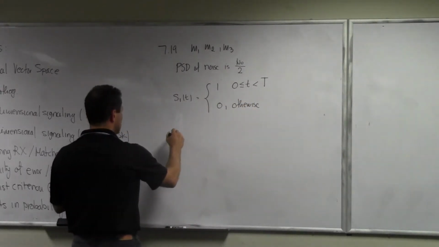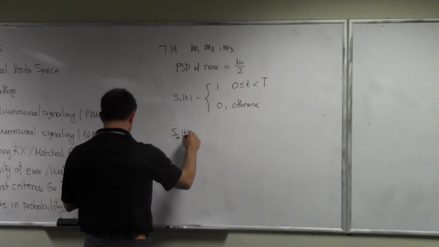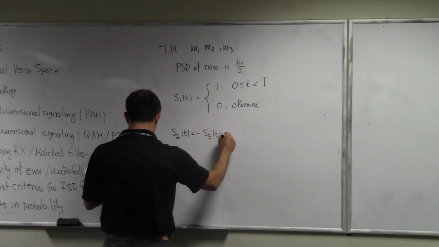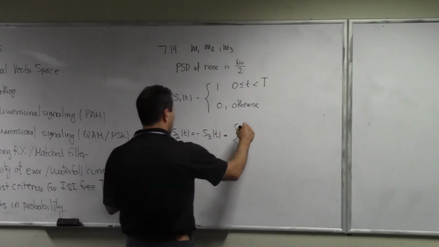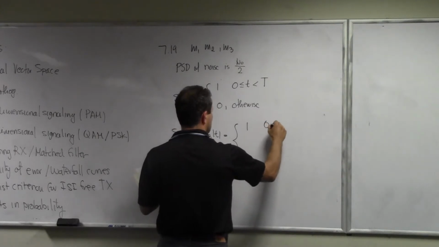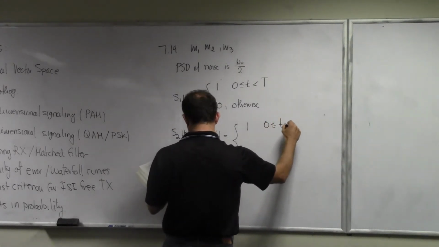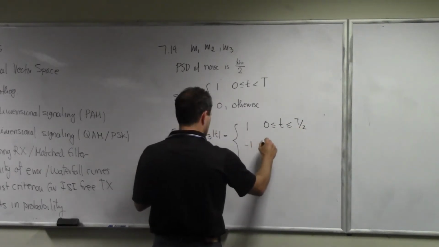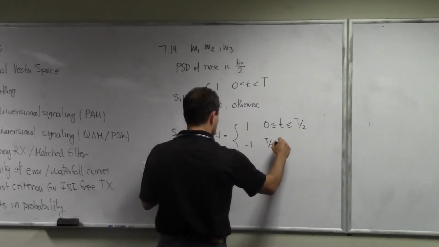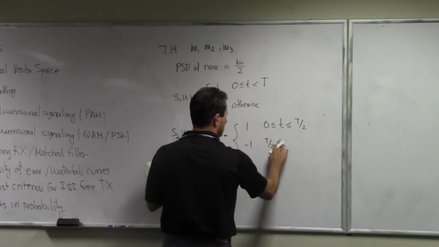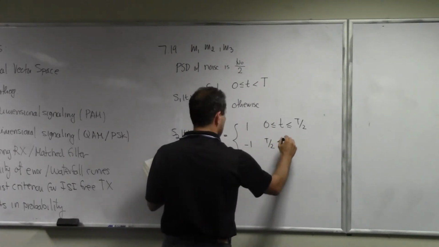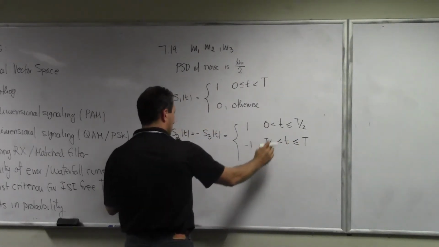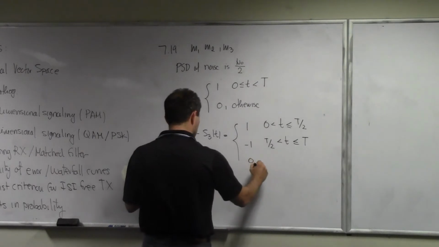And there are two other signals, S2 of t is equal to minus S3 of t, and this is equal to 1 when t is between 0 and T over 2, and minus 1 between T over 2 and T, and 0 otherwise.